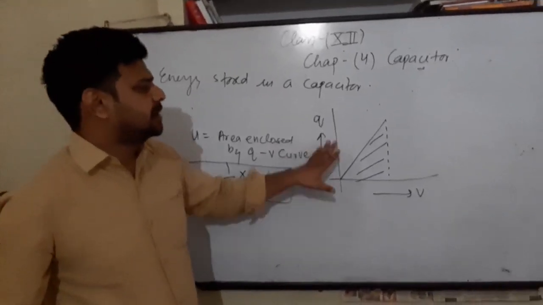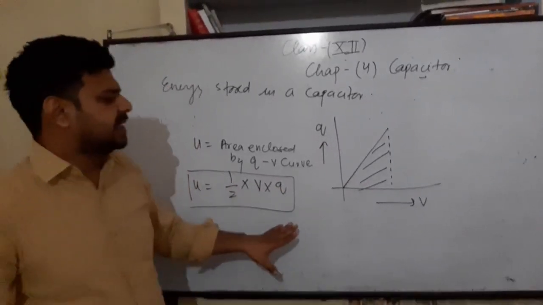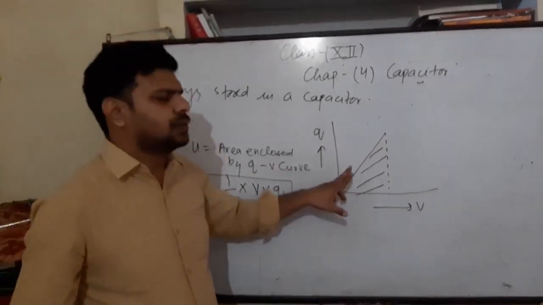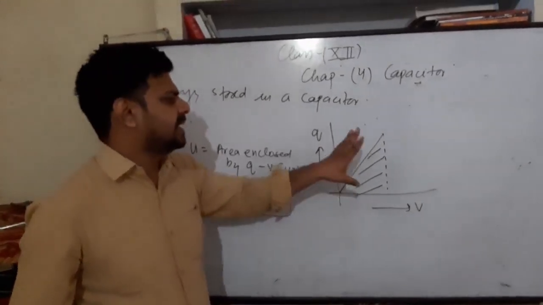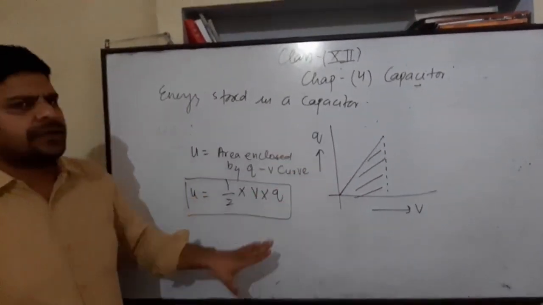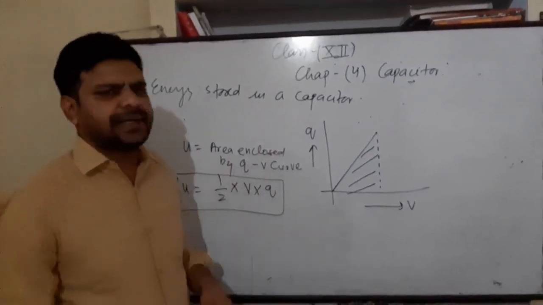Always remember, if we plot a graph between Q and V, we get a straight line passing through origin. The slope of this line represents capacitance, and the area enclosed by the QV curve represents the total energy stored in a charged capacitor.